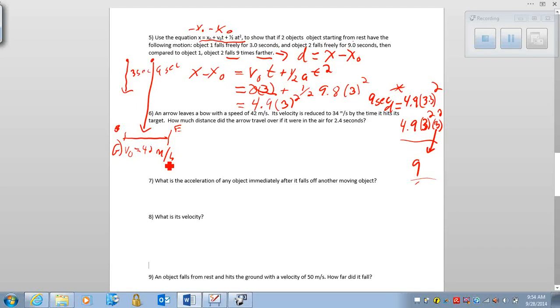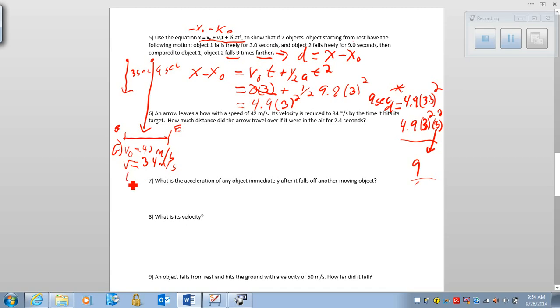Its velocity is reduced to 34 meters per second, so its final velocity is equal to 34 meters per second by the time it hits the target.